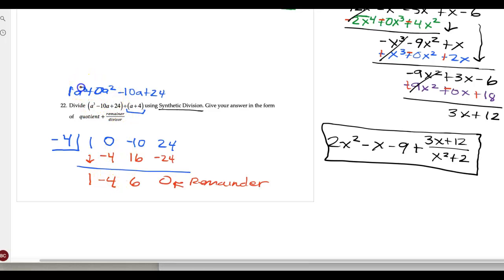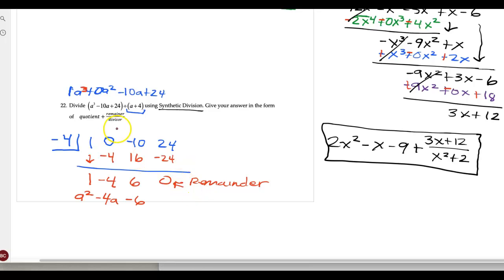And notice that the degree of my leading term was 3, so in my answer, it's going to be 1 less than that. So this is going to be 1a squared minus 4a, right? It just goes down 1 from there, minus 6, and then remainder 0.